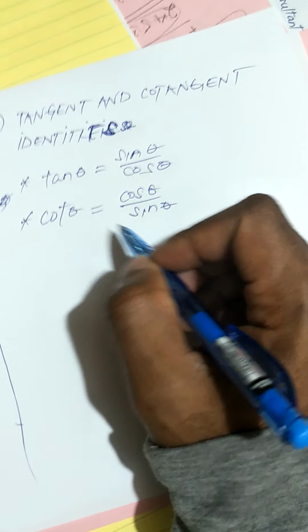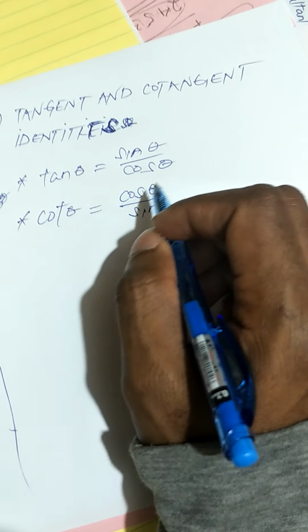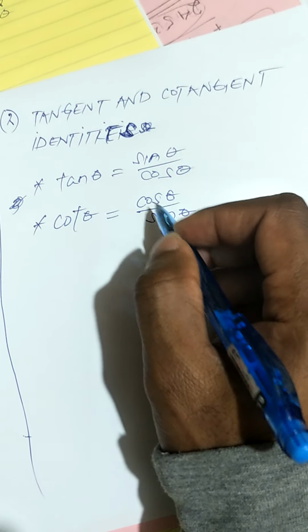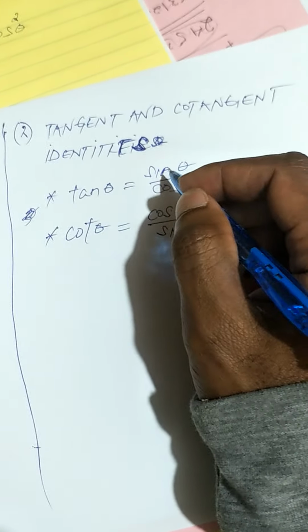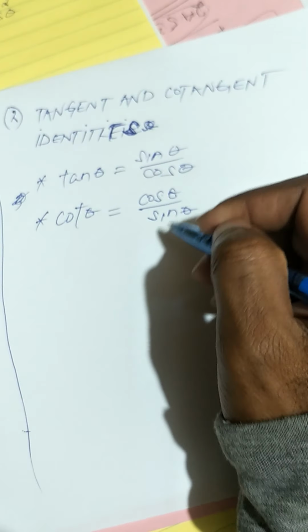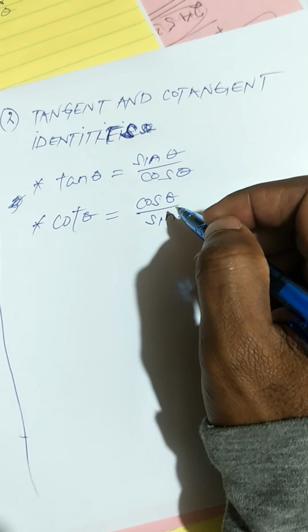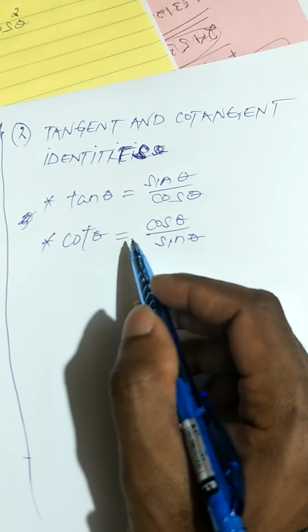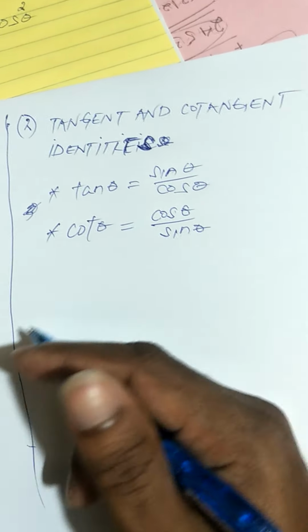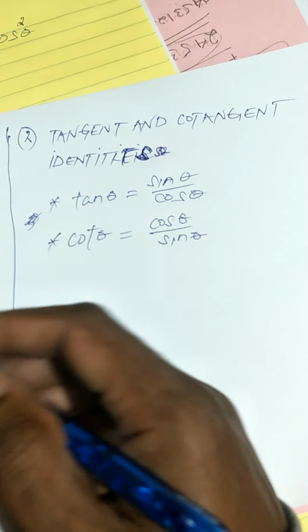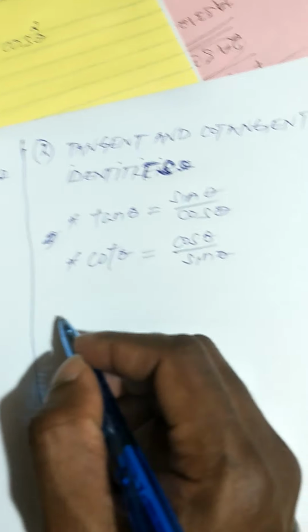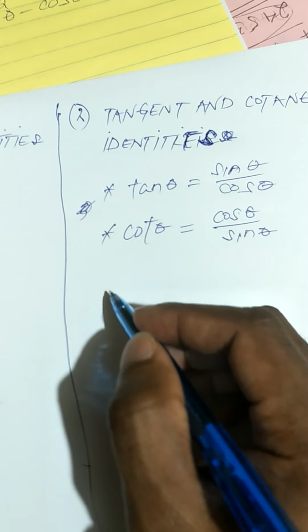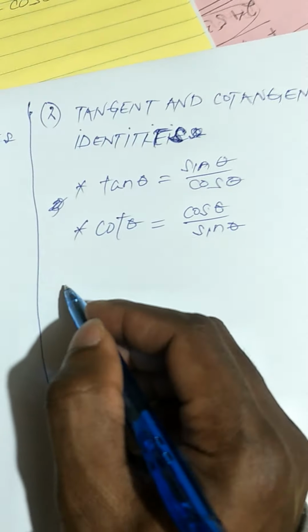In cotangent theta, cosine theta goes up to the numerator and sin theta comes back to the denominator. This is one thing we need to memorize whenever a problem needs these identities.